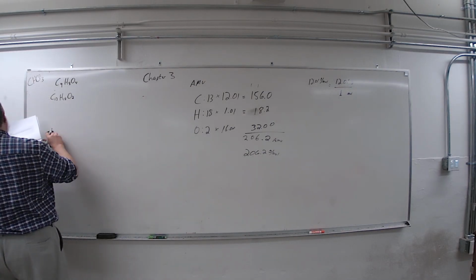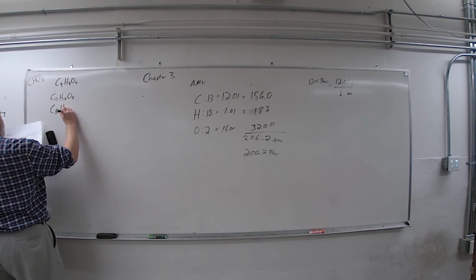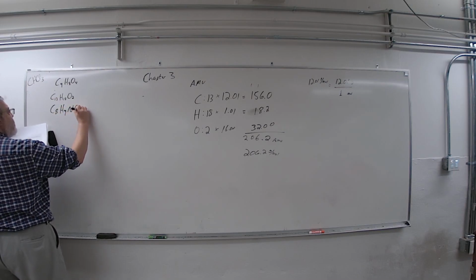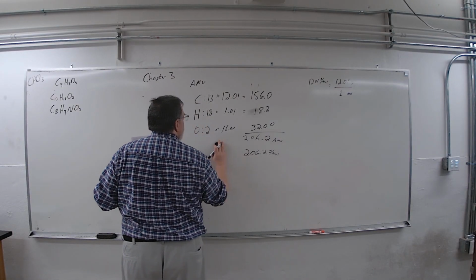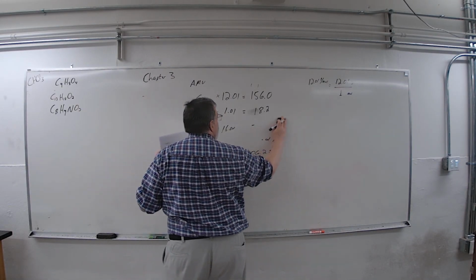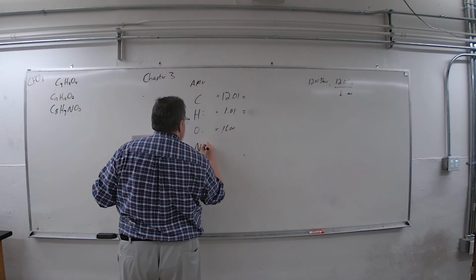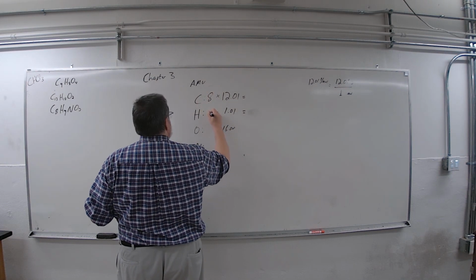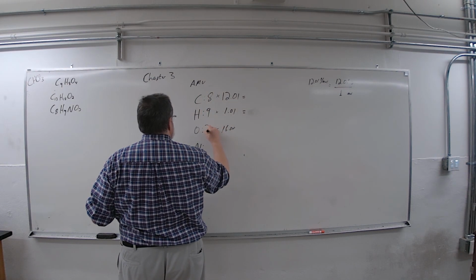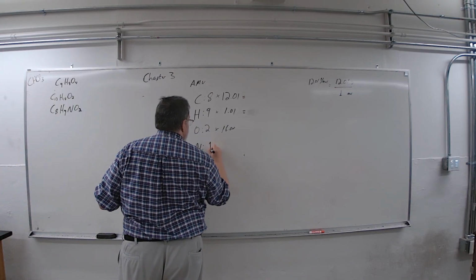I guess I'll do this one too. Just to thoroughly bore you. So now I've got nitrogen in there. There's 8 of these, 9. Oxygen, there's 2. That's a 2. 1 nitrogen.